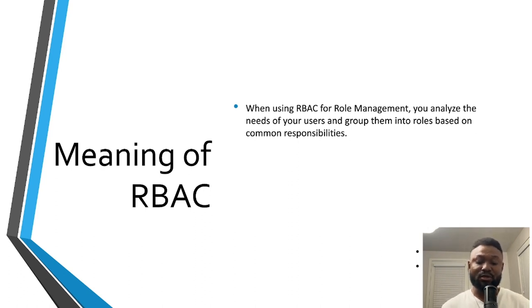Normally you can create a role based on common responsibilities. So for example, let's say there are 15 network engineers in the organization, and they all do exactly the same thing. You should not just go ahead and give those permissions to the users individually.